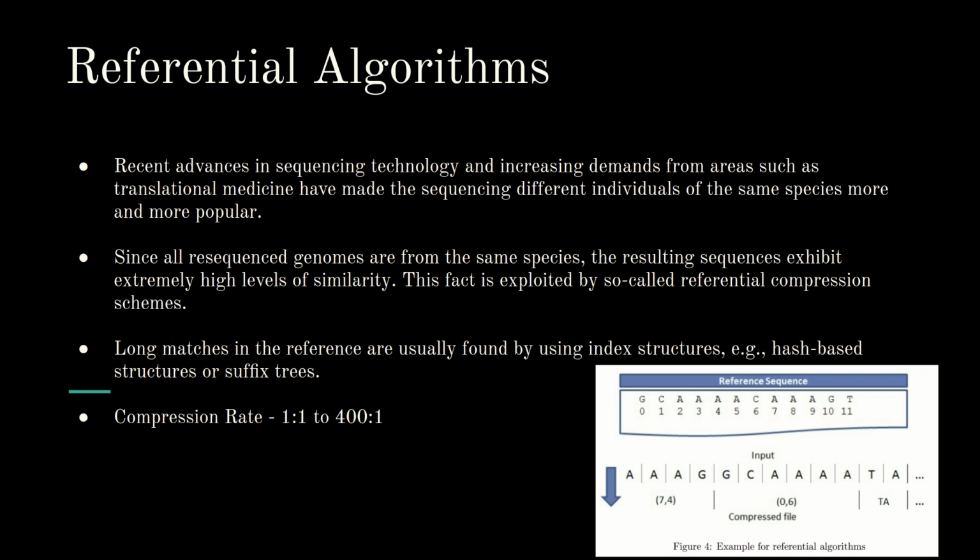After this we have referential algorithms. Referential algorithms are kind of similar to the dictionary based approaches, except that for a reference we'll just see what the difference is. What has happened recently in the trends is that many individuals from the same species have been getting their DNA sequenced.